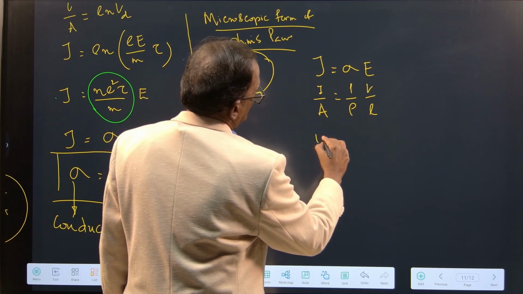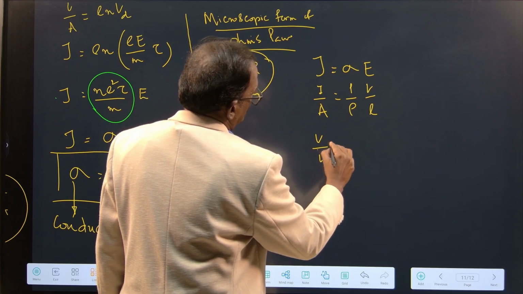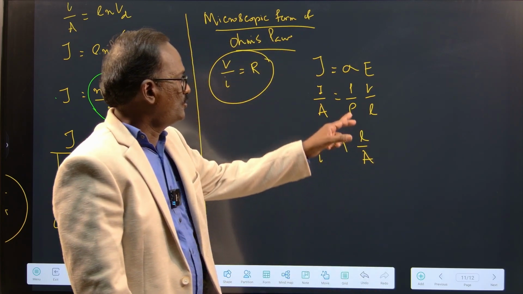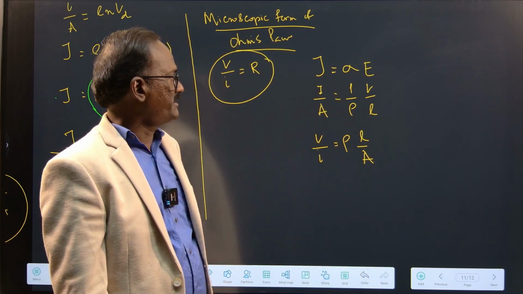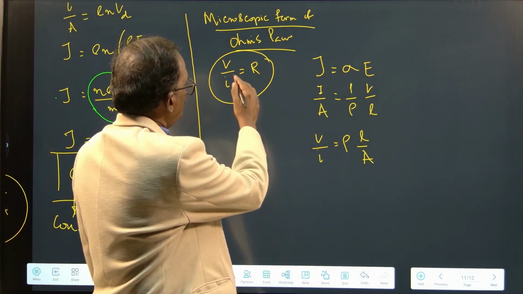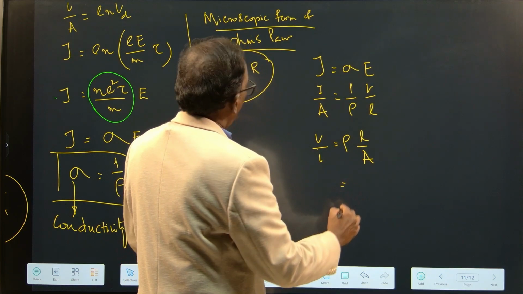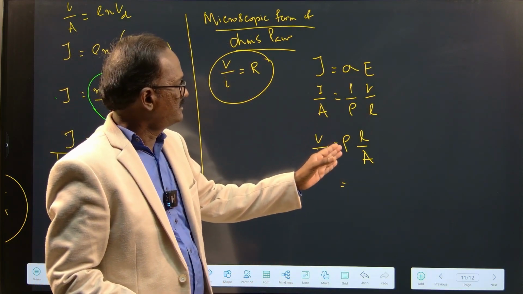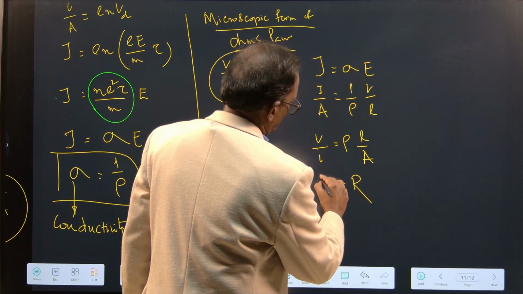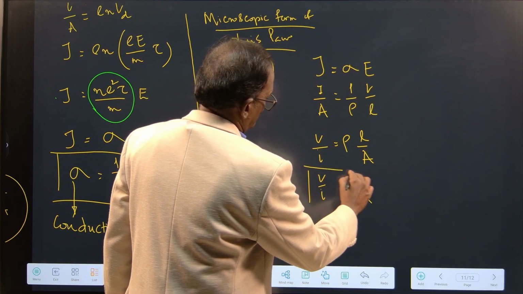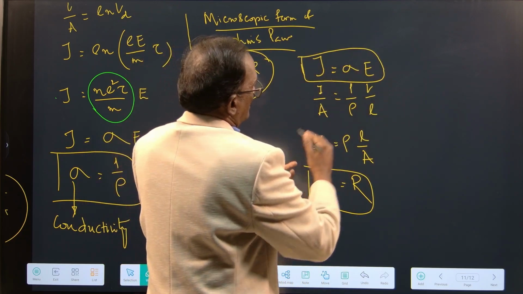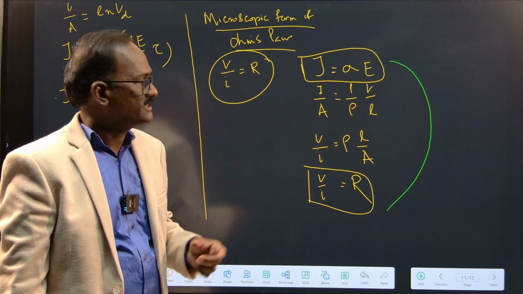Then if I take this ratio, V by I, we will get rho L by A. Cross multiplication: V by I is equal to rho L by A. So this is V by I is equal to R. Already we have defined rho L by A as R. So from here I have derived this equation, Ohm's law.